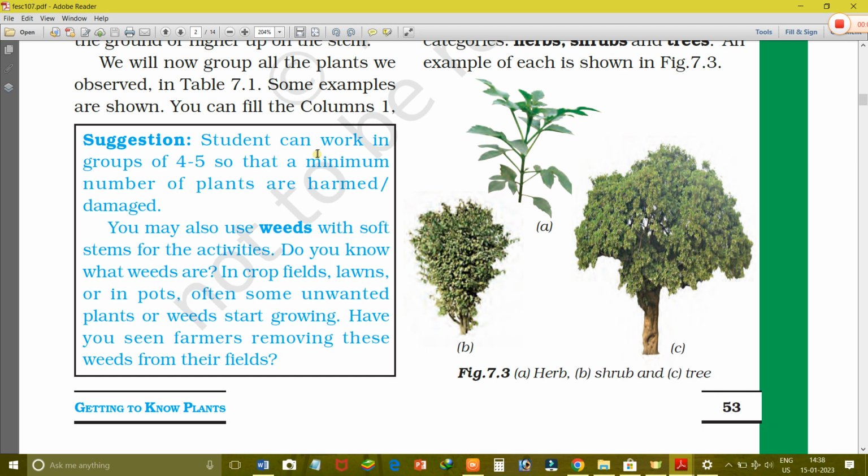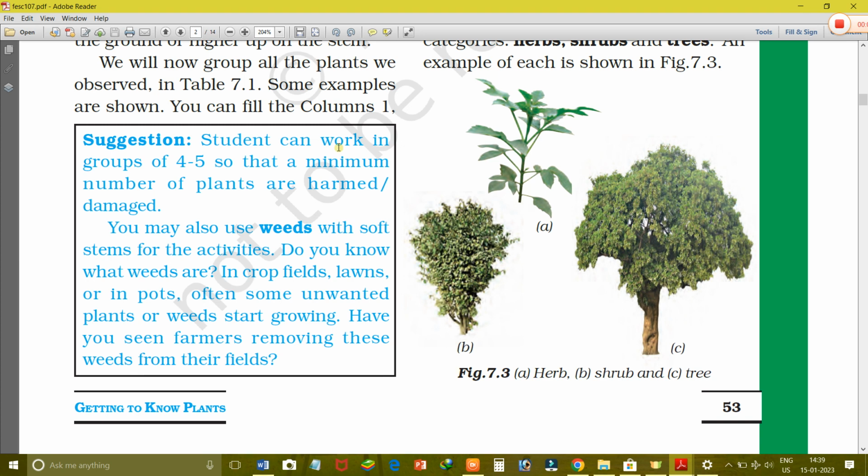Suggestion: a student can work in a group of 4 to 5 so that a minimum number of plants are harmed or damaged. You may also use a plant with a soft stem for the activities.